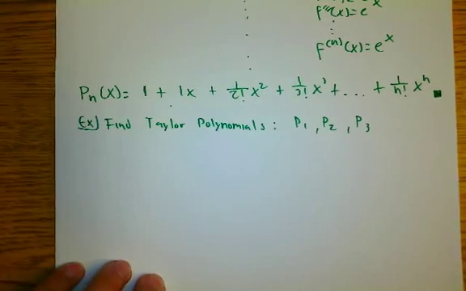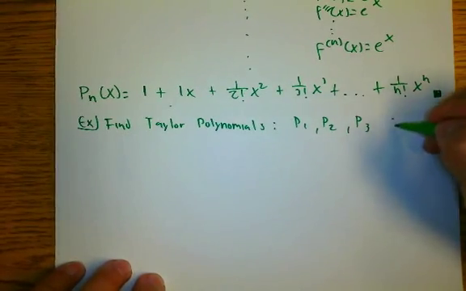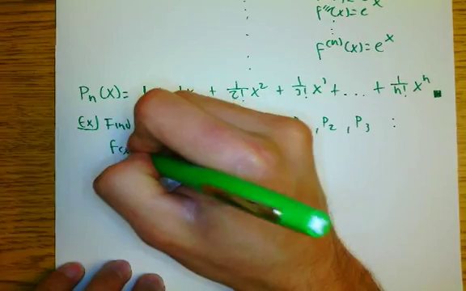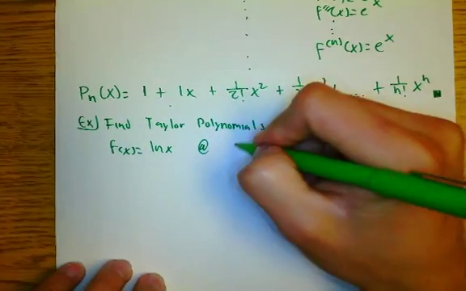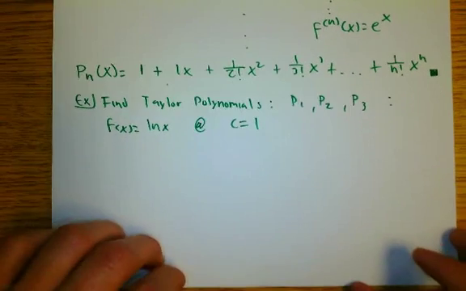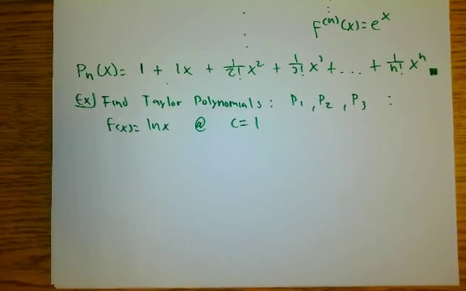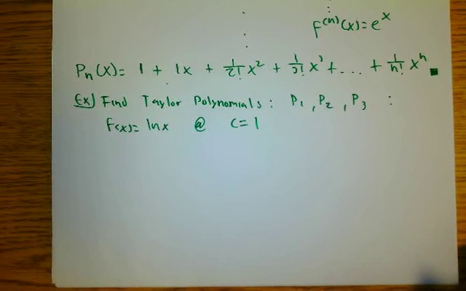So we're going to do 3 of them for the following: f of x equals natural log of x, centered at 1. Do you see why this one would not be a Maclaurin polynomial? So we're good. Because I'm basically doing 3 problems at once, you tell me, where would you start? What do you need?